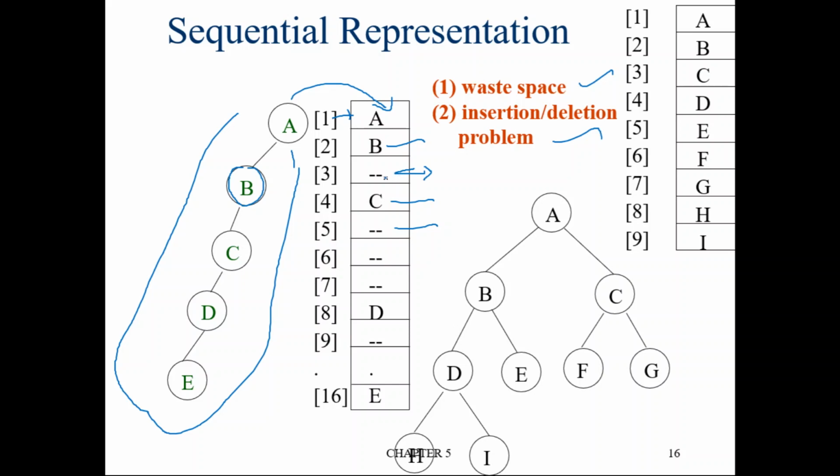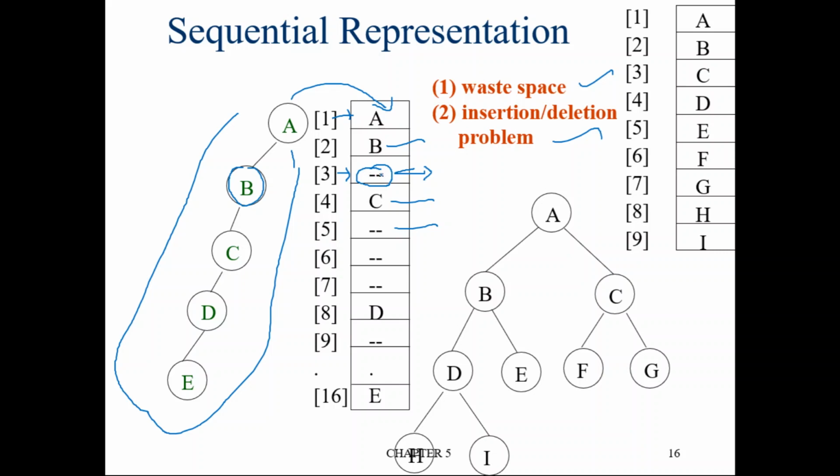Actually there is no right child for A, but we have given a space for that in the memory, to know that there is no right child for A. I think you are following.